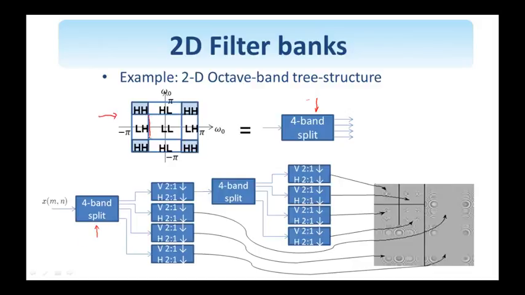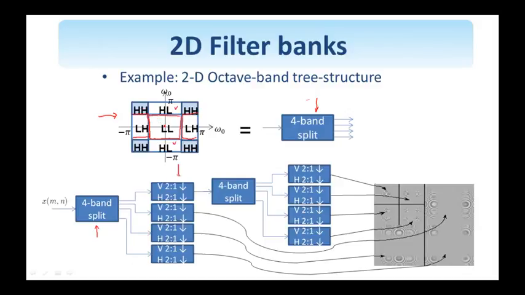This is the LL band, and then LH is here, right? Because it's centered at 0, you can do the periodic extension and see how these bands look. And then we have the HL band and the HH band.